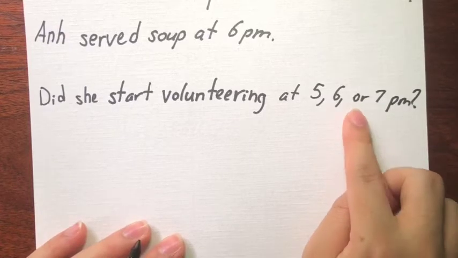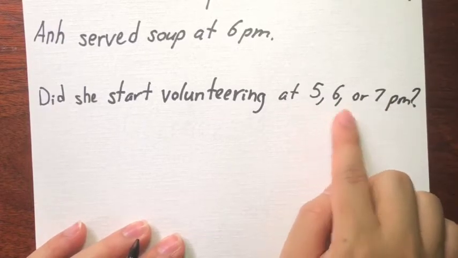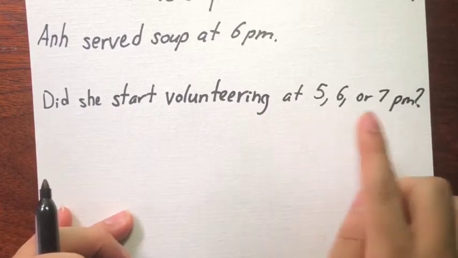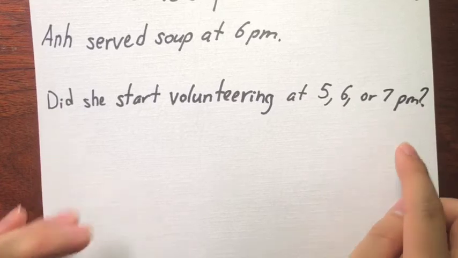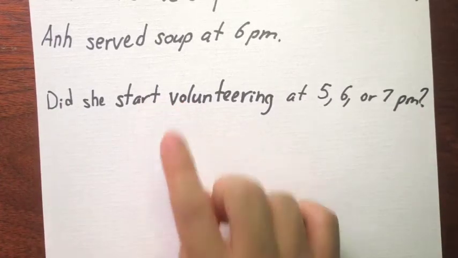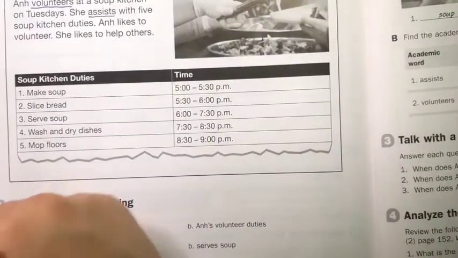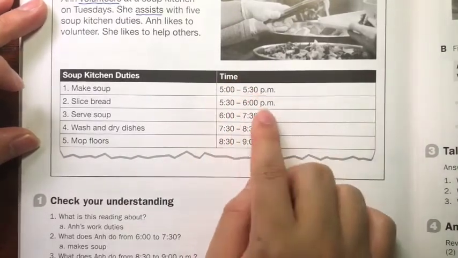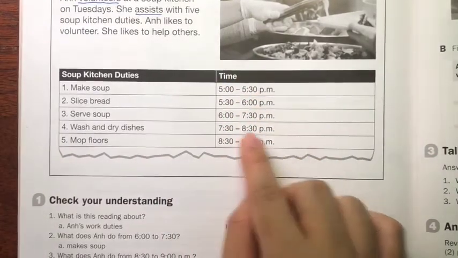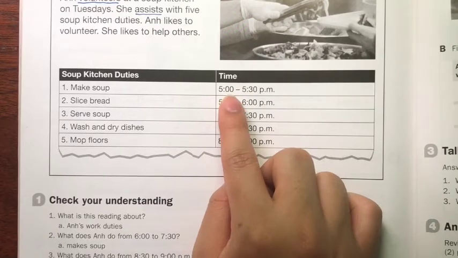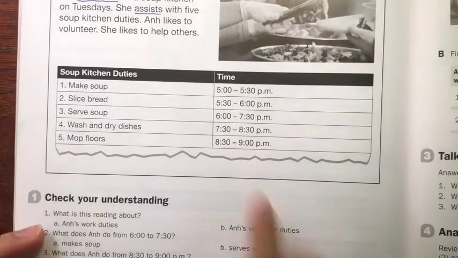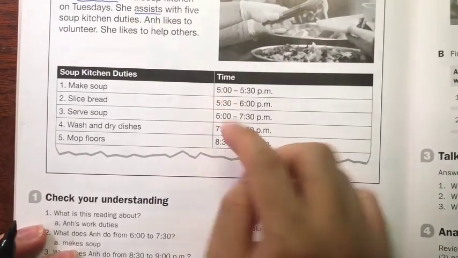So with the word or, we know we only choose one time. Did she start volunteering at 5, 6, or 7 p.m.? What time did she start? So when you start something, it's at the very beginning. So let's look at the earliest time here. The earliest time is 5 p.m. This is when she starts working. So she starts at 5 p.m.